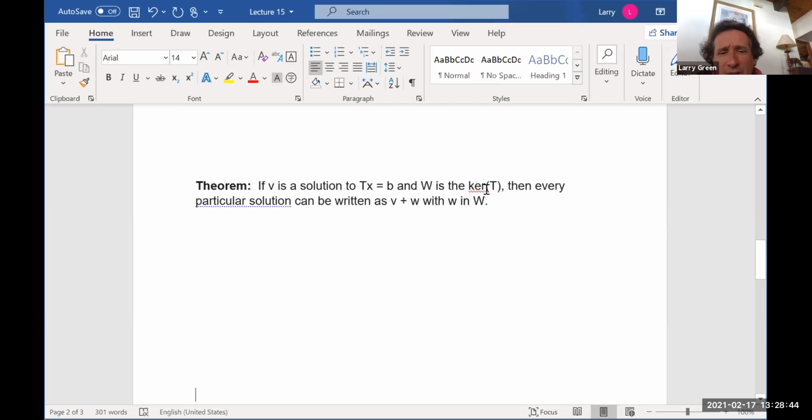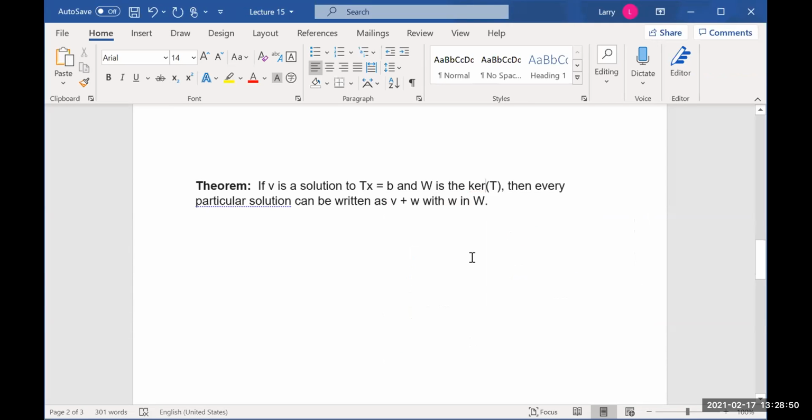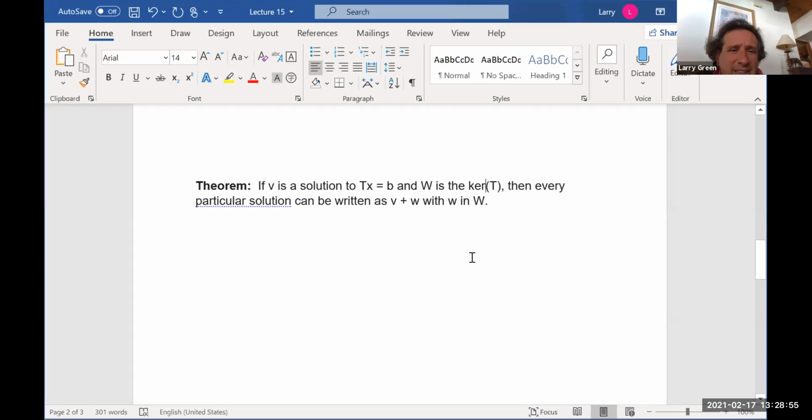Do y'all remember what kernel meant? It's the null space. Yeah, null space. So as a matrix, it's the null space. In algebra, you call it the roots or the solution, right?